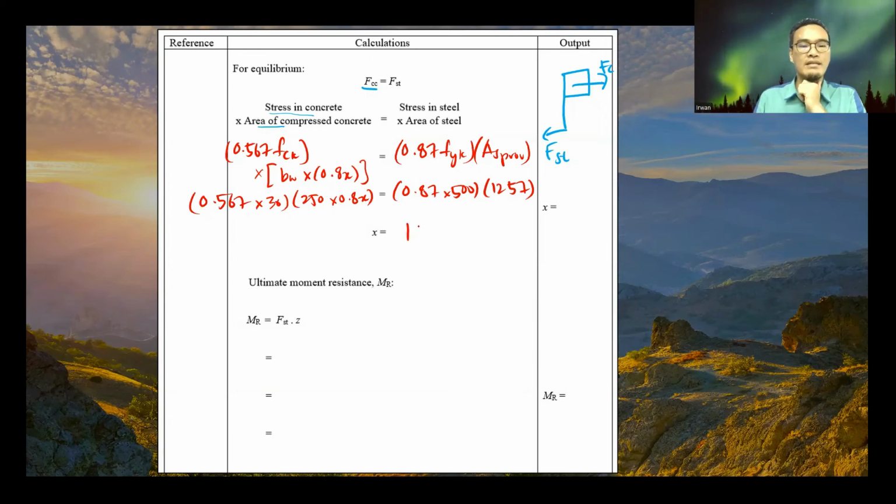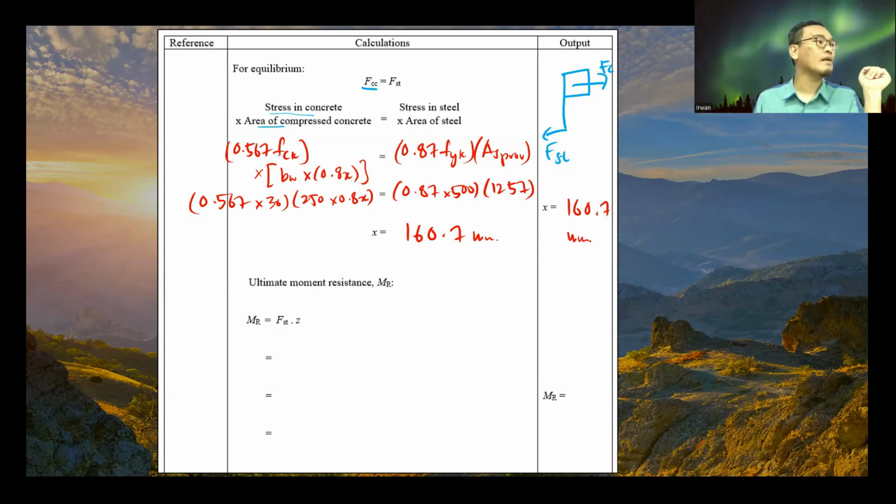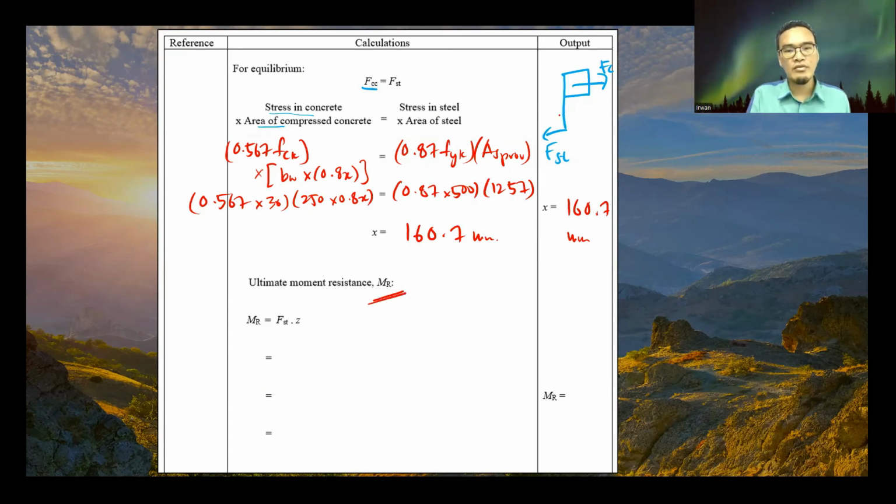160.7 mm. One decimal place is enough. Okay, 160.7 mm. You got this answer? To determine the ultimate moment resistance, take the FST moment about the centre of the compressed concrete.